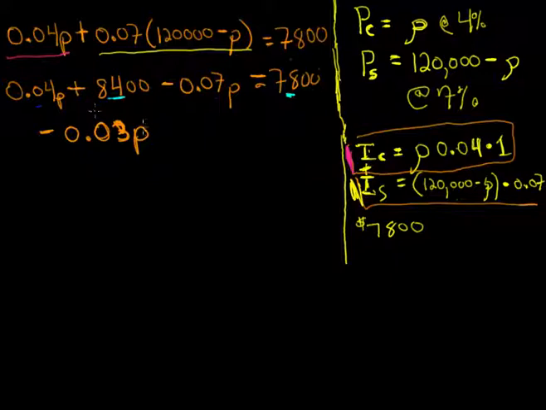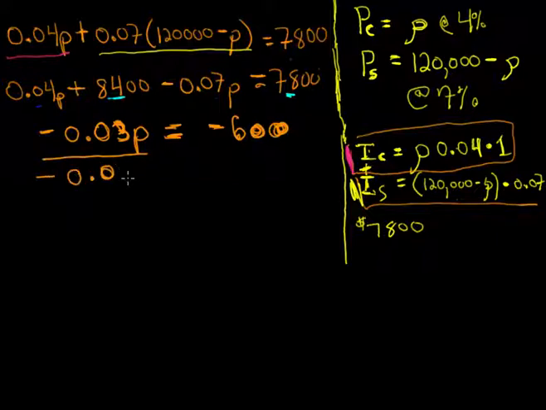So I'm going to subtract 8,400 from both sides. And that's negative 600. Alright, so to solve for p, I'm going to divide both sides by negative 0.03.